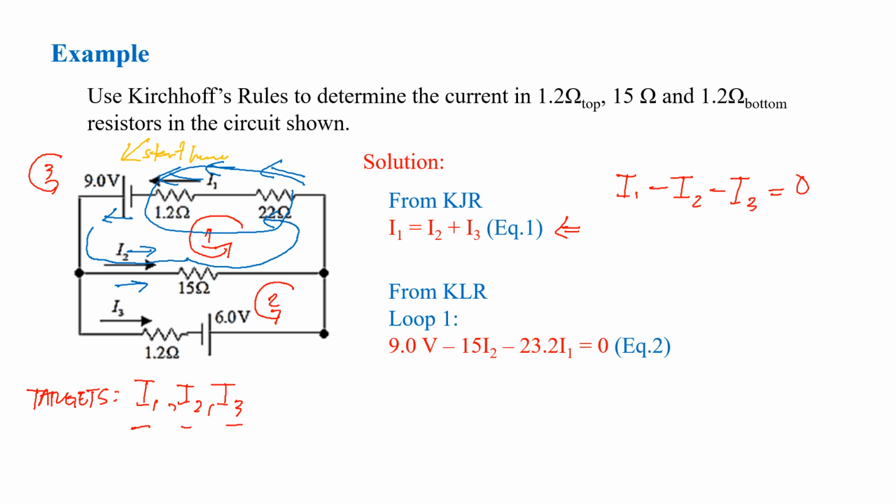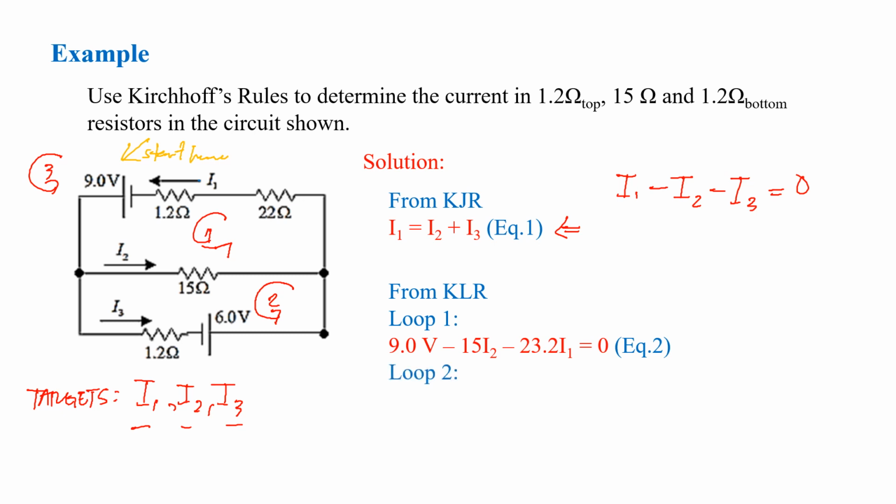Okay, so just always remember that when you travel in the opposite direction as your current, you have a positive voltage. If you travel in the same direction, you have a negative voltage. So that is all for your loop 1.